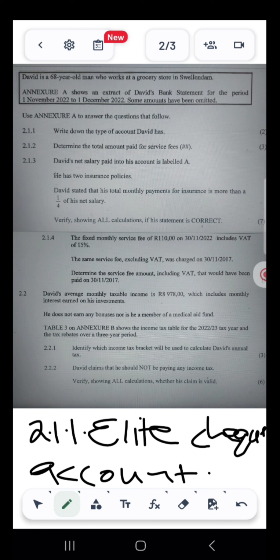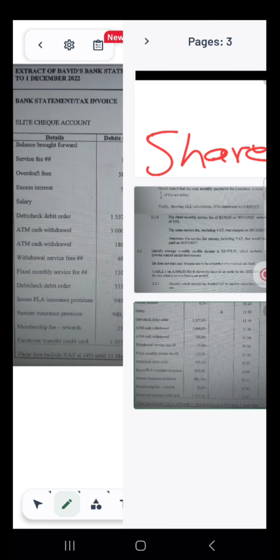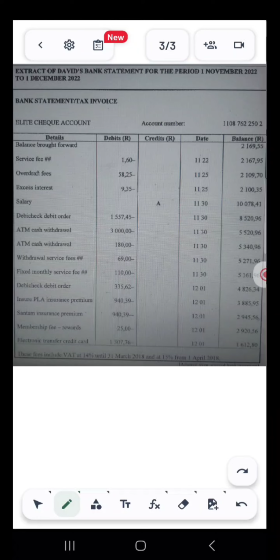Number 2.1.1. And then the second question says, determine the total amount paid for service fees. Bese bakubonisa ngama-hash, uyabona ukuthi i-service fee uyibona kanjani, right? Ilezi ezinama-hash ekugcineni. So manje uzoya la 2.1.2 and then manje ufuna zonke lezi ezinama-hash ekugcineni, right?